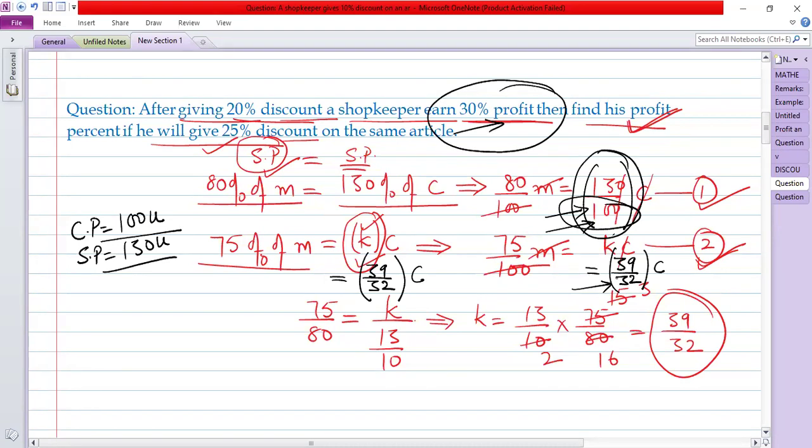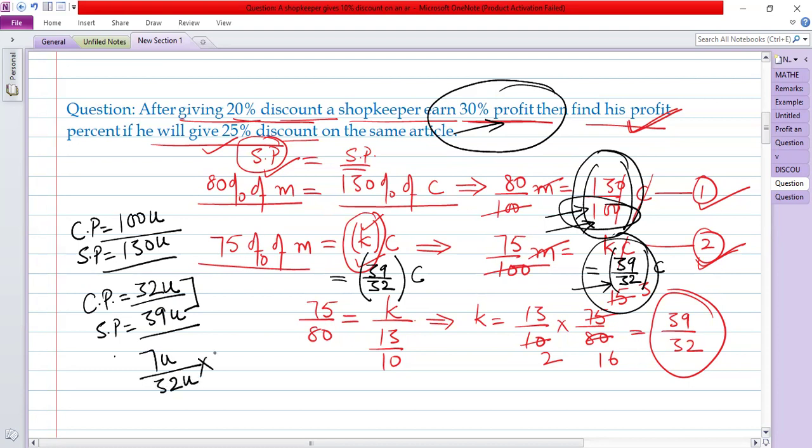Similarly here, what is the meaning of this 39 by 32? It simply means if the cost price is 32 unit, the selling price will be 39 unit. So the difference between these two is the profit amount, 7 unit. The profit amount is 7 unit, divided by 32 unit, the cost price, into 100. This will be the profit percentage.